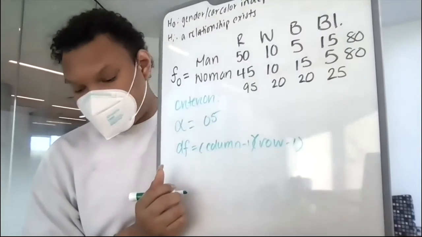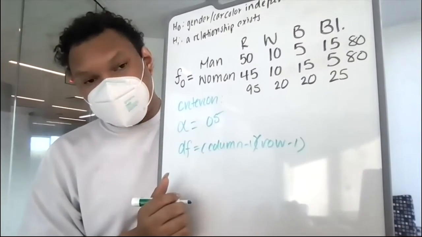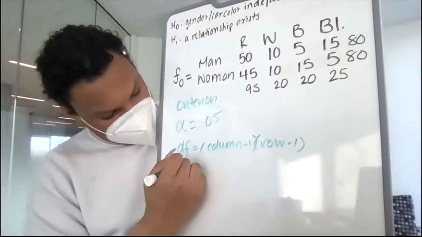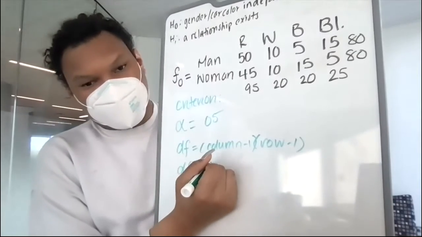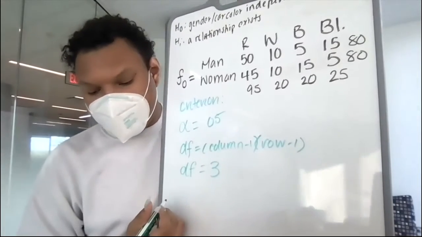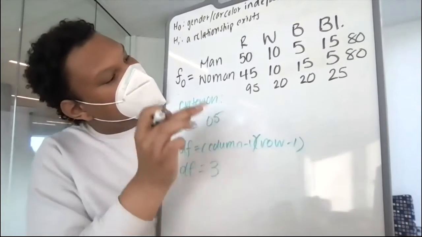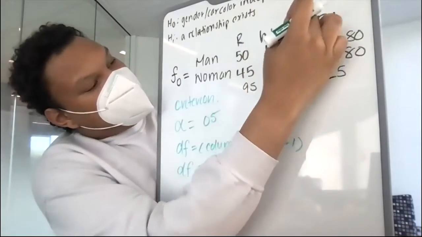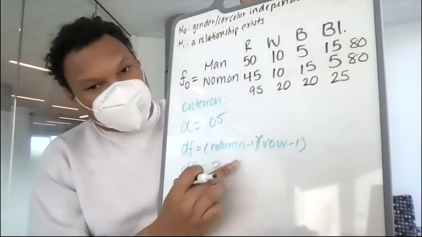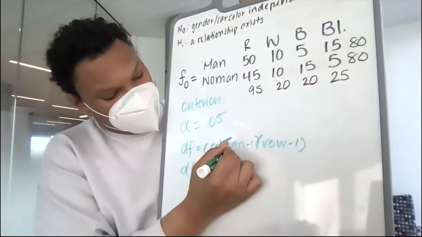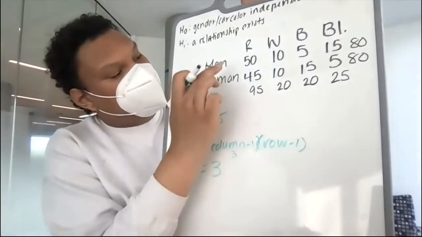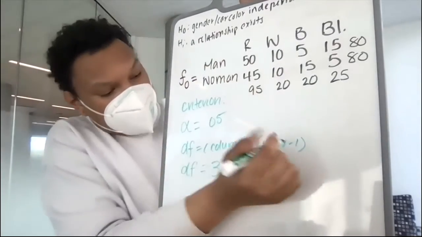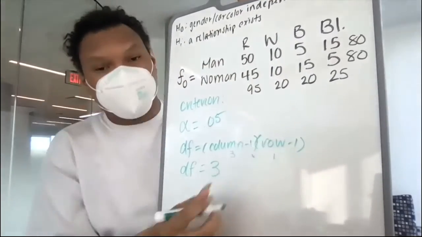For this specific chi-test, our df is equal to 3. We got this from our columns, which there are 4 of, minus 1, which gives us 3, and our rows, which we have 2 of, minus 1, which gives us 1. 3 times 1 is 3.